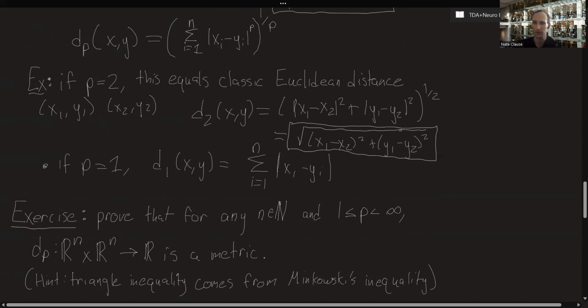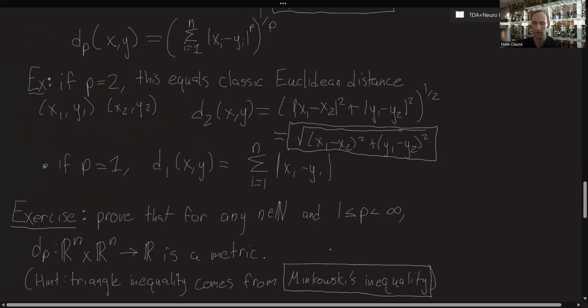The first two conditions for a metric space are pretty quick and straightforward to show. The triangle inequality definitely involves a little bit of work, but if you get stuck, the key fact is Minkowski's inequality, which I would encourage you to look up.